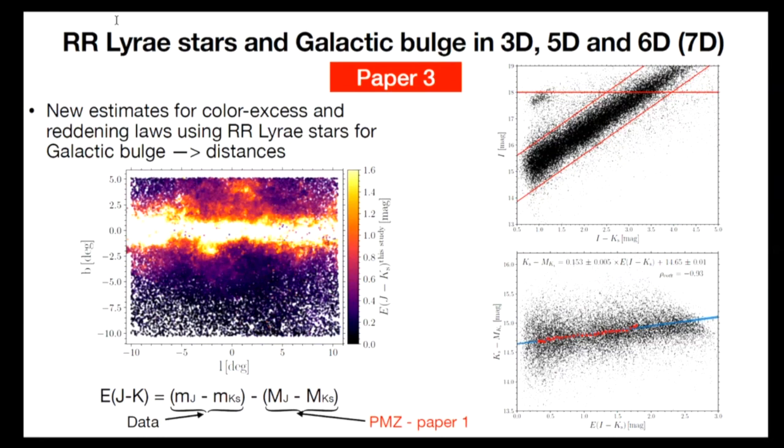This is basically the VVV footprint for the Milky Way bulge. For these points, we calibrate the reddening law and propagate all of the errors throughout, so we have a good understanding of the error on each individual distance for each individual RR Lyrae star. And we do it for all combinations of passbands that we have, basically going from visual to the K-band.